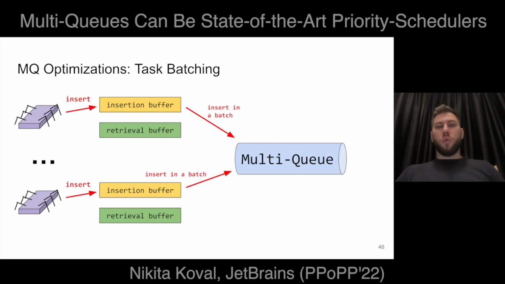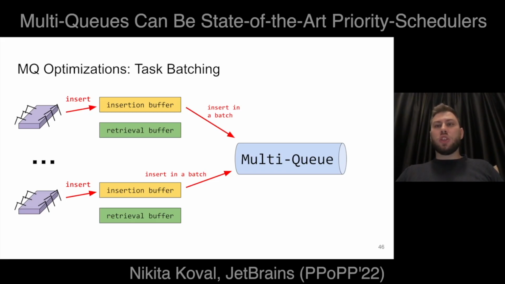When a thread decides to insert a new task, it inserts it into the corresponding buffer. And after that, when the buffer becomes full, all these tasks are inserted into the multi-queue in a single batch.